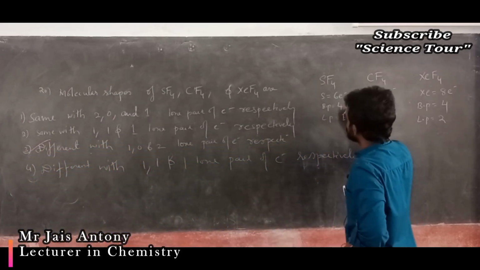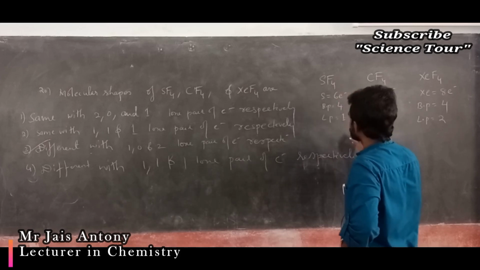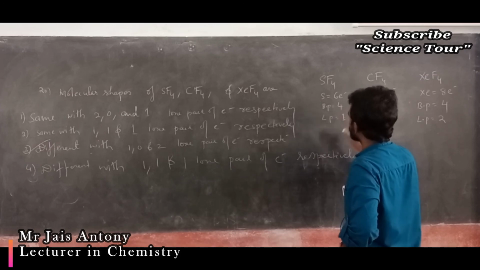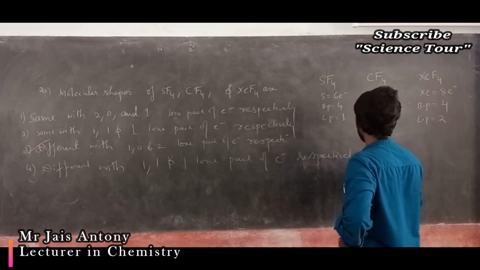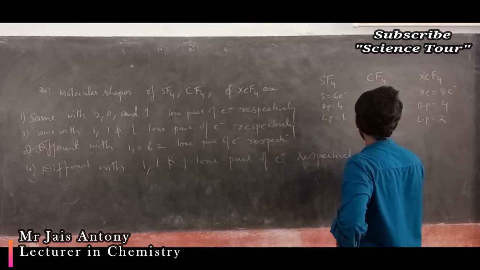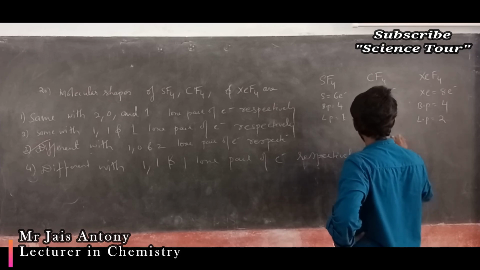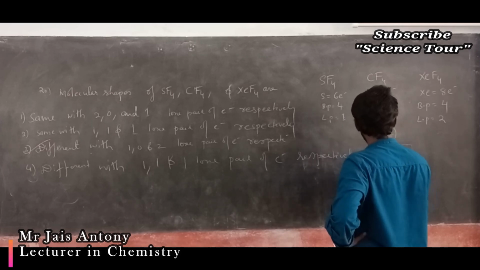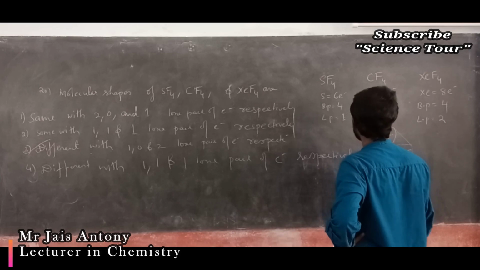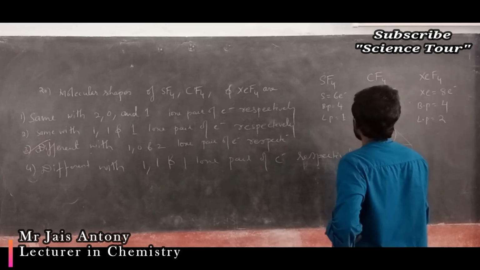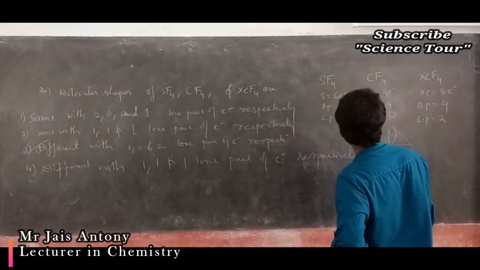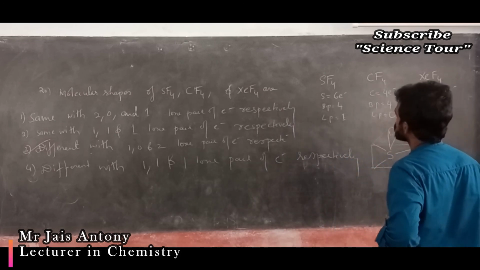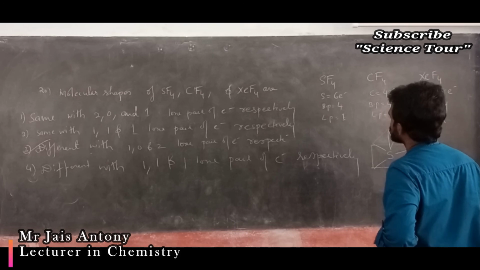Because SF4, which shape does it actually form? 1 lone pair, 4 bond pairs are there. Correct? No? How does it look? Yes, F, F, F, F. So here 1 lone pair. Sulfur has 6 electrons, 4 bond pairs and a lone pair.